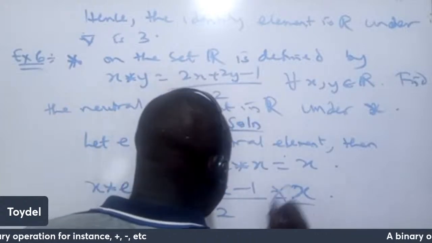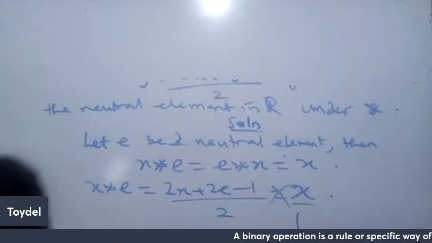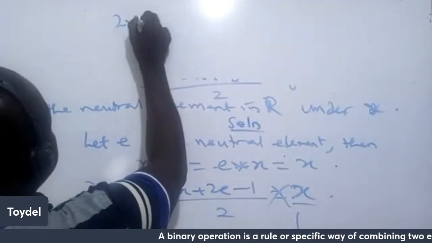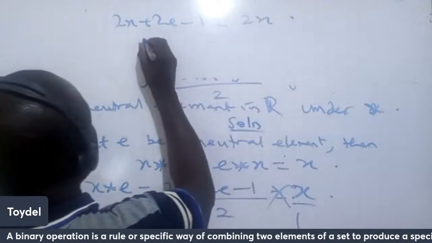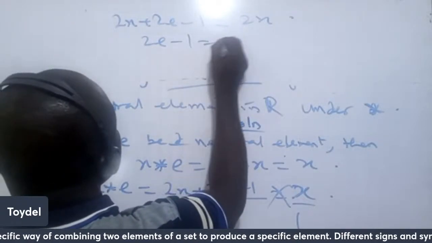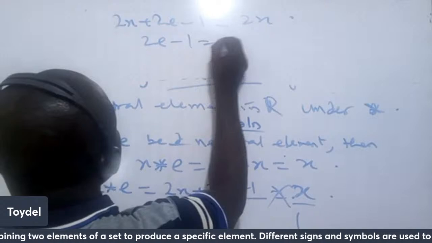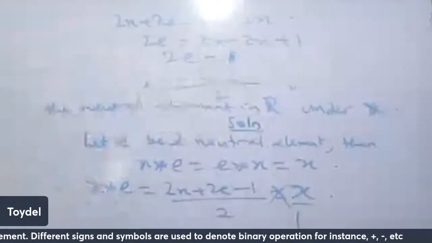So here, if I cross multiply, I'm going to have 2x plus 2e minus 1 equal to 2 times x, which is 2x. So that I will have 2e minus 1 equal to 2x minus 2x plus 1, which is equal to 1.